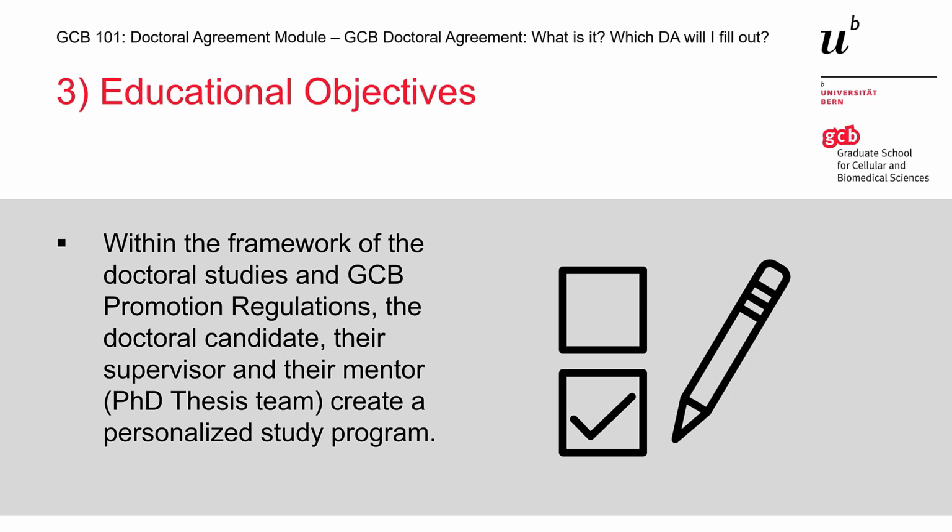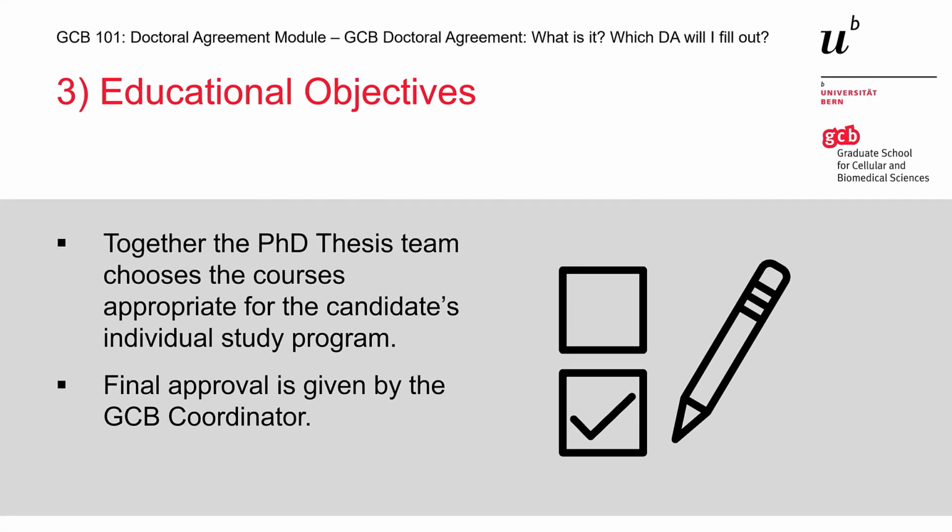Within the framework of doctoral studies and GCB promotion regulations, the PhD thesis team, in other words the doctoral candidate, their supervisor, and their mentor create a personalized study program. Together, the PhD thesis team chooses the courses appropriate for the candidate's individual study program in consensus with the mentor. Final approval is given by the GCB Coordinator.